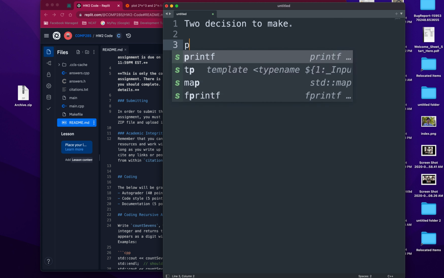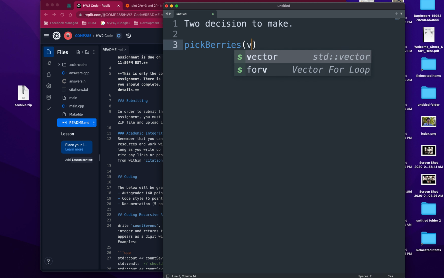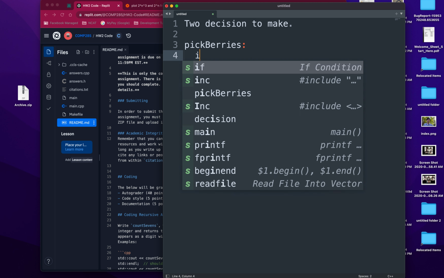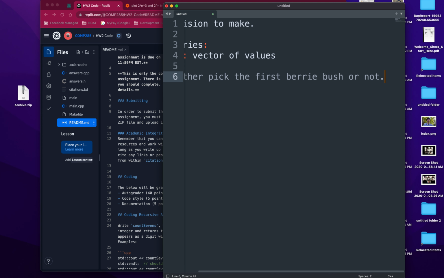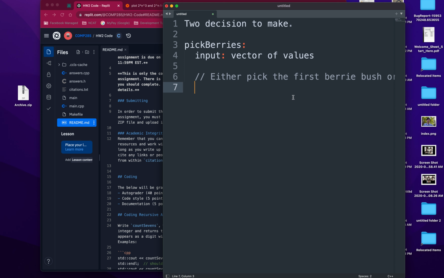So let's say pick berries, and you're given the input is going to be a vector of values. And we want to do this recursively. So the first thing we want to think about is that I either pick the first berry bush or not. So let's cover both of those cases.